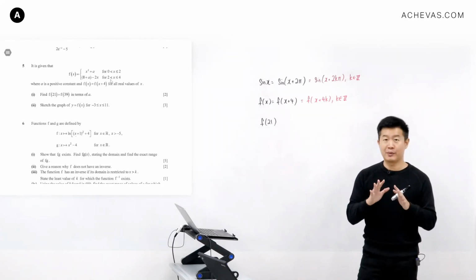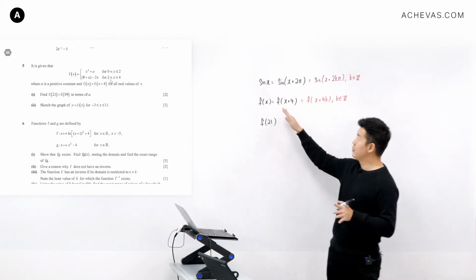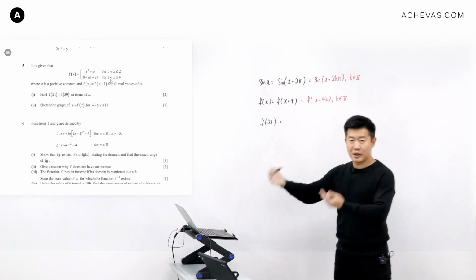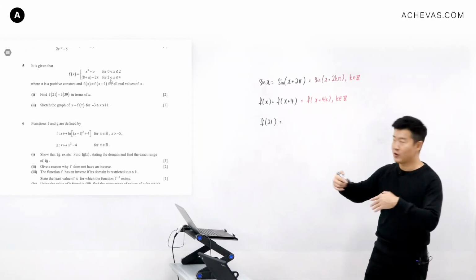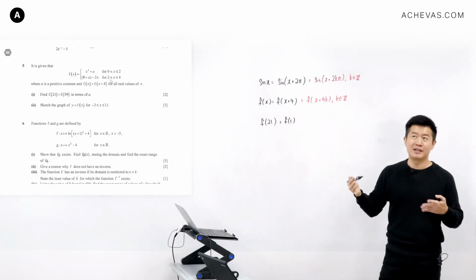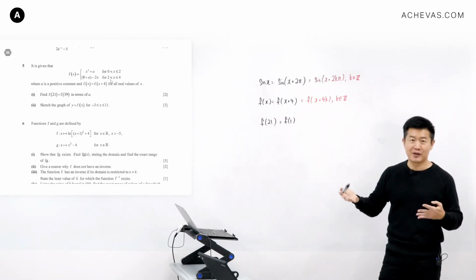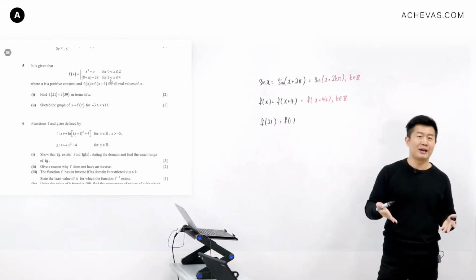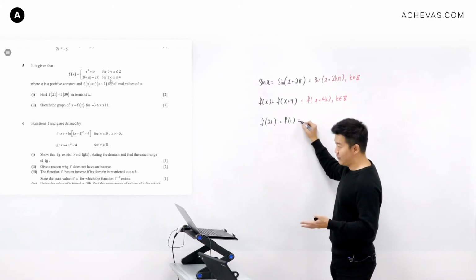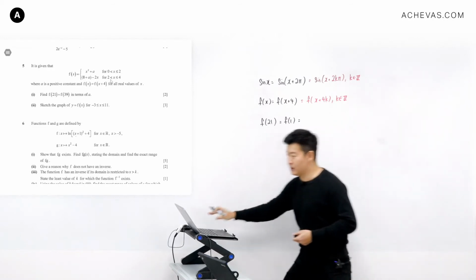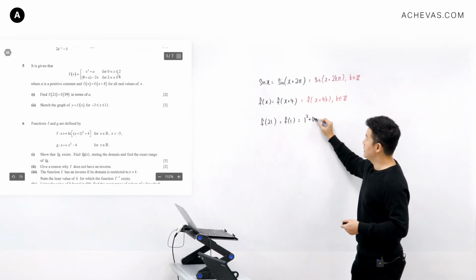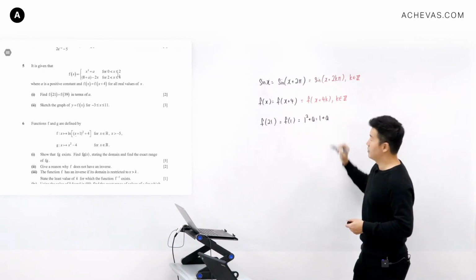So f of 21 by right we cannot find. But because of the periodic nature of the function, we can take f of 21 and keep minusing 4, minus 4, minus 4, minus 4, and you will end up with f of 1. Because 21 is like minus 4 five times, 4 times 5 is 20, and you're left with just f of 1. And what is f of 1? We can evaluate f of 1 because 1 is between 0 to 2, so f of 1 is 1 squared plus a, f of 1 is 1 plus a.